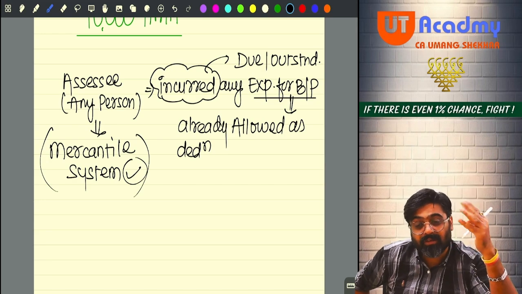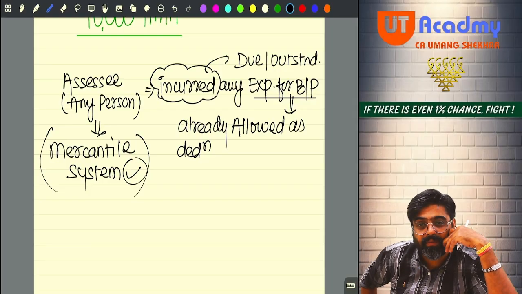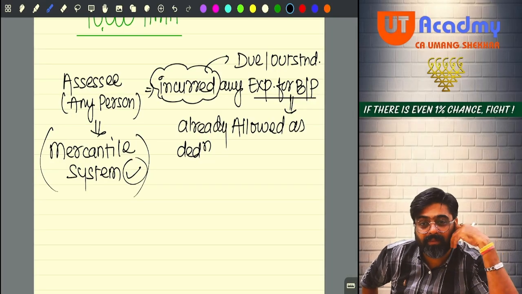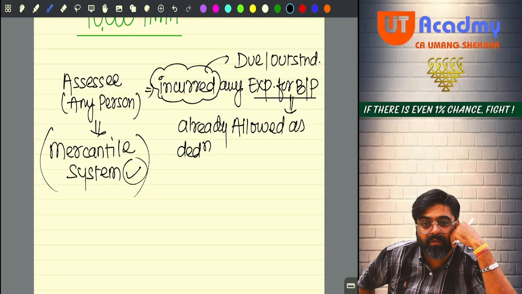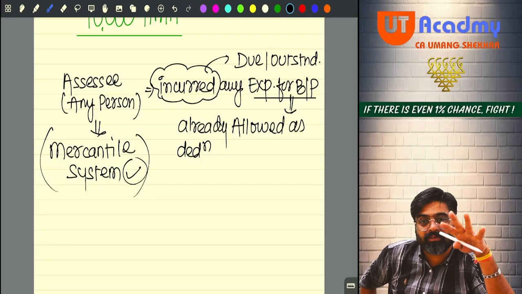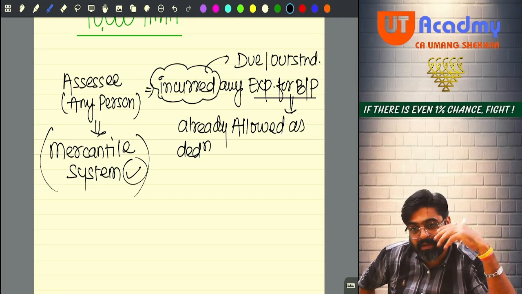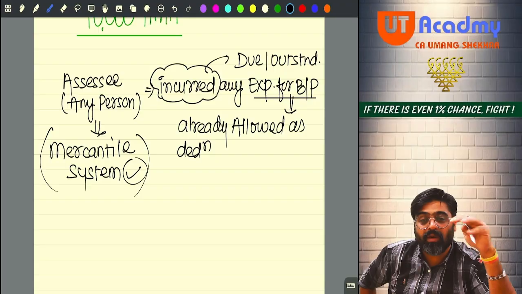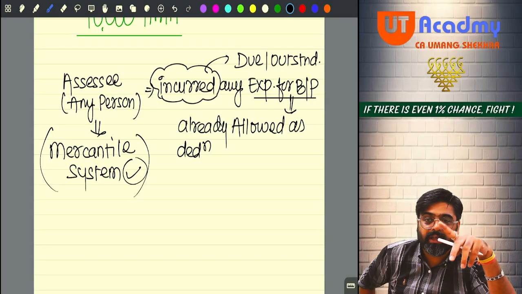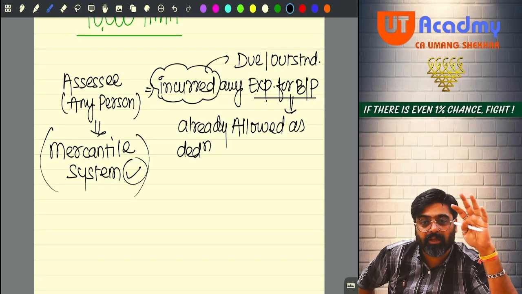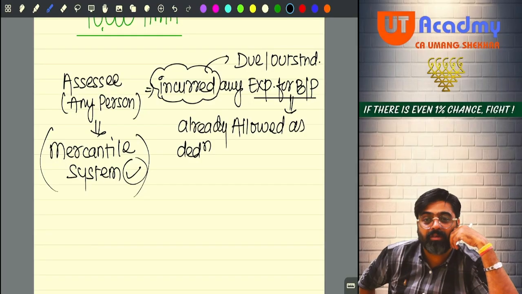Those expenses are booked at the end of the year, meaning in the month of March, I came to know that this is my expense. I am yet to make that payment. But since this was the expenditure of this year, I will record it in this year only. So I'll get the deduction also for this year. So what the assessees used to do, they used to book an expense on due basis.